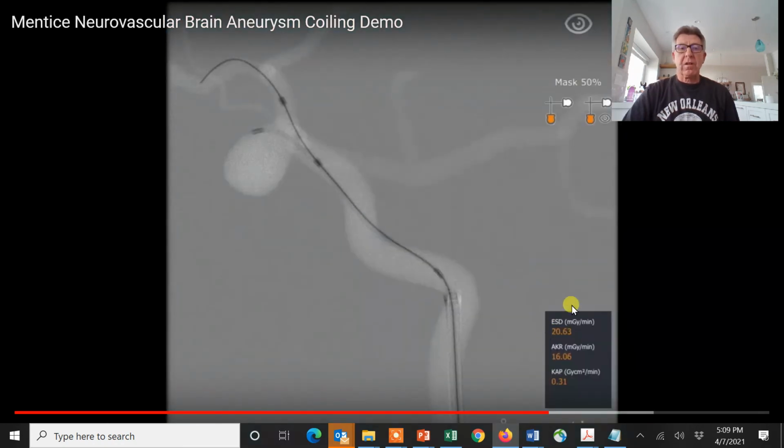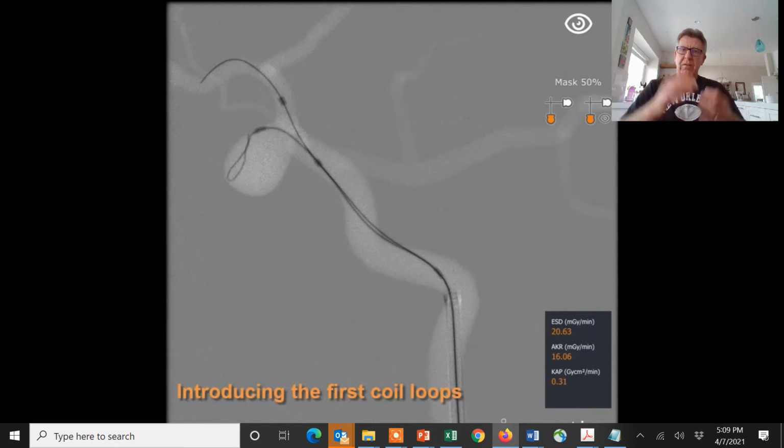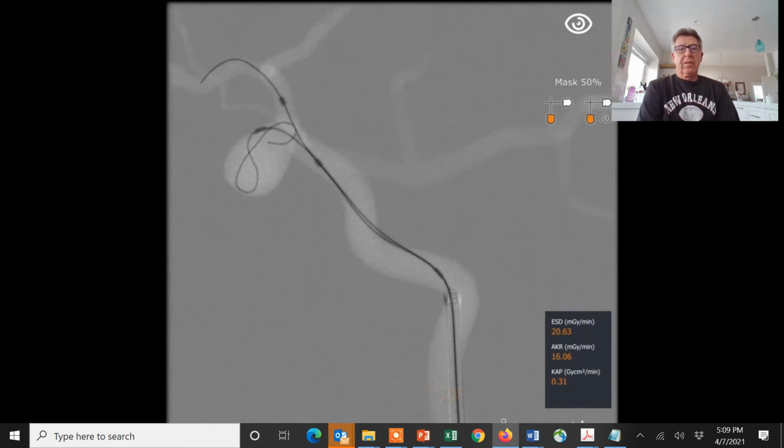And now they're just gonna insert the coil. Okay, here it comes, here it comes, here it comes. All right, boom. So you had two sheaths at one time, and then you just put the coil in, right?